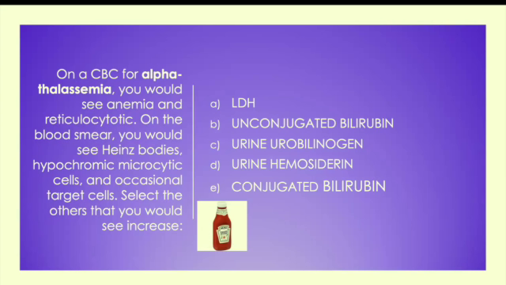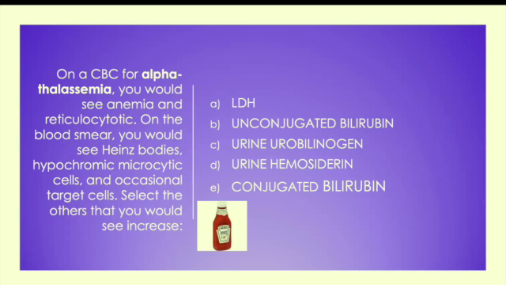So then we have the urine urobilinogen, and that is a product of bilirubin metabolism, and its levels may be increased in alpha thalassemia due to the increased breakdown of red blood cells. So you might have that.